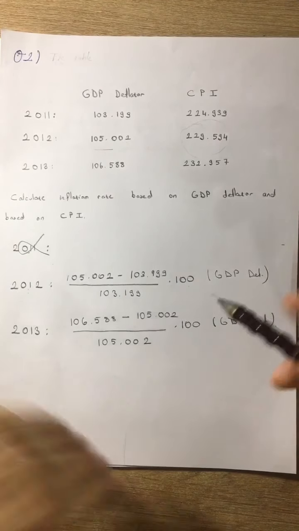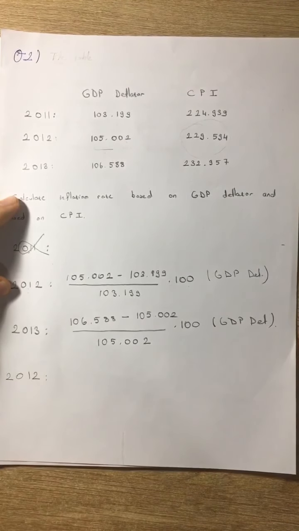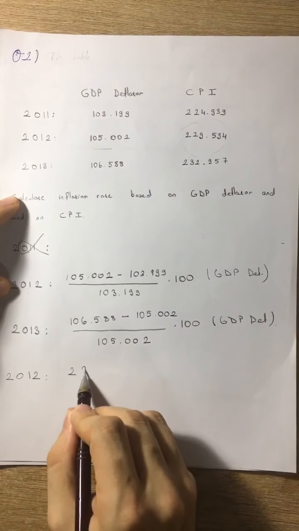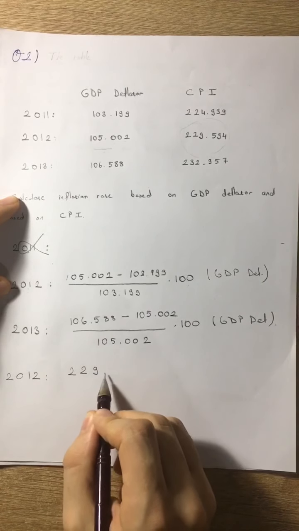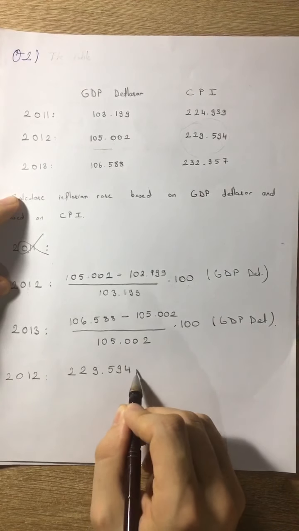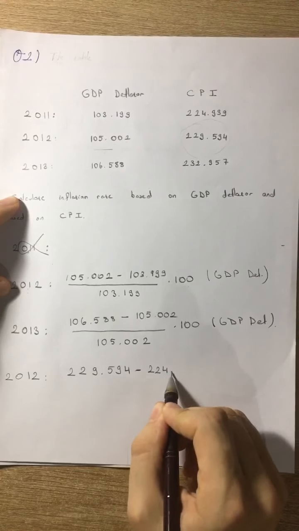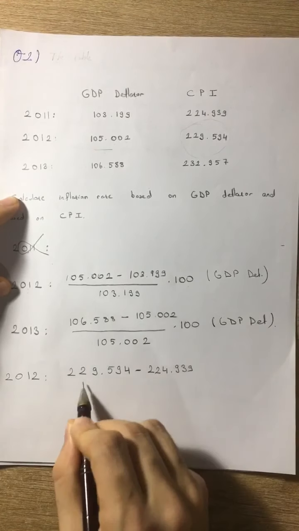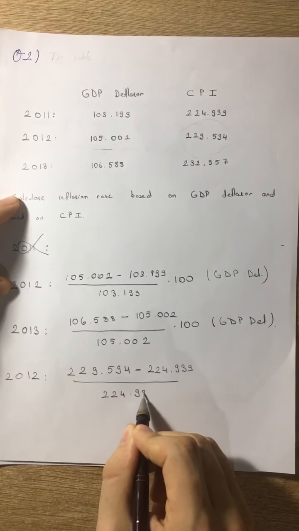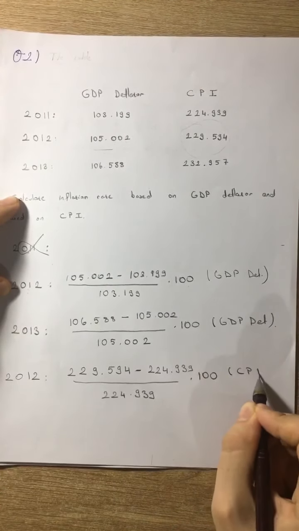So let's calculate the inflation rate in 2012 based on consumer price index this time. We will write the price index of selected year minus price index of previous year divided by the price index of previous year again times 100. And this is based on CPI.